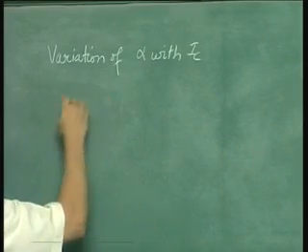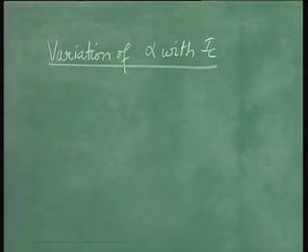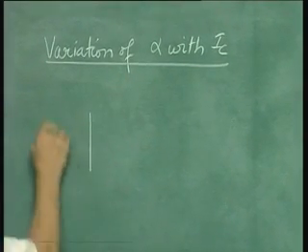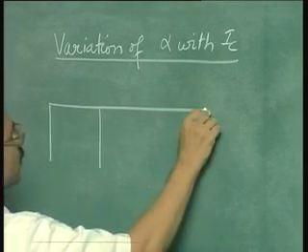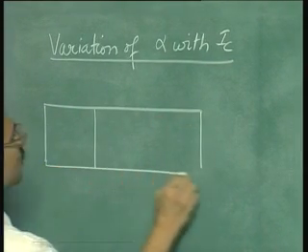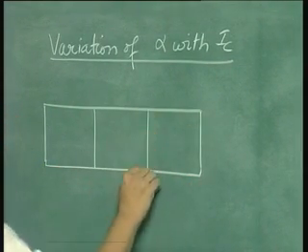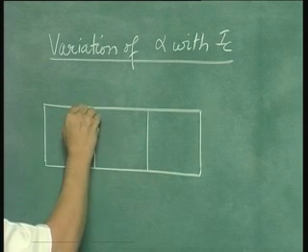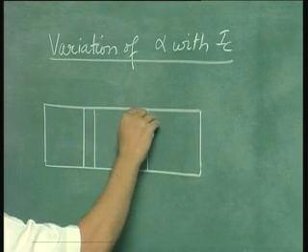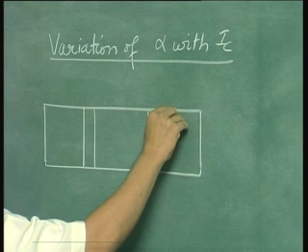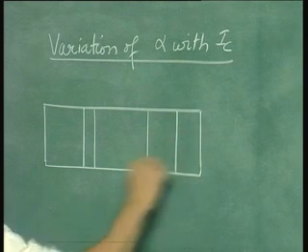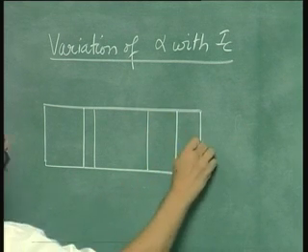So let us explain why alpha varies with IC. Look at your device again, the internal picture. Now we will show the emitter base and collector base depletion regions clearly.